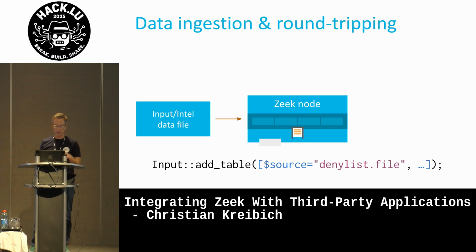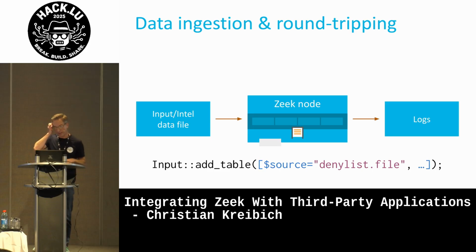They can be formatted as tab-separated files, JSON, CSV, several things, and you can basically point Zeek at it, and then it will ingest that either once, or you can tell it to watch the file for appended content and so forth, and then basically absorb that in real time.